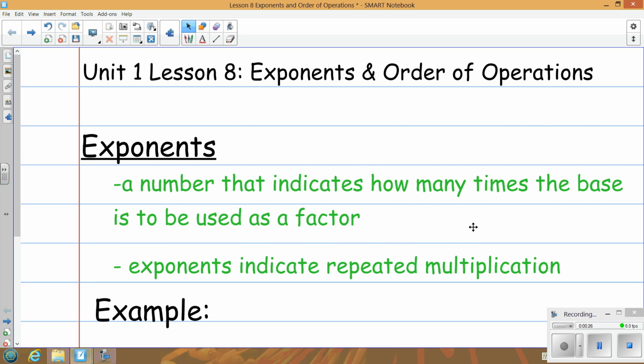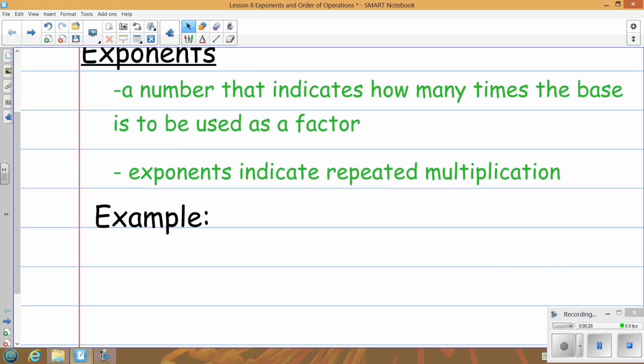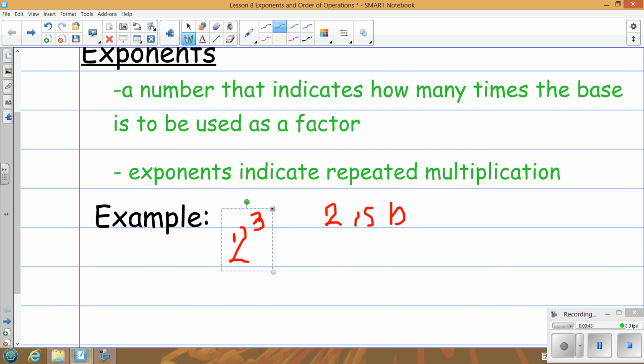So if I have some examples here to show you, for example, if I'm looking at 2 to the third, 2 is considered the base. And 3 is the exponent or the power.